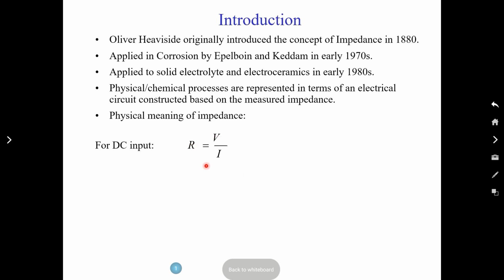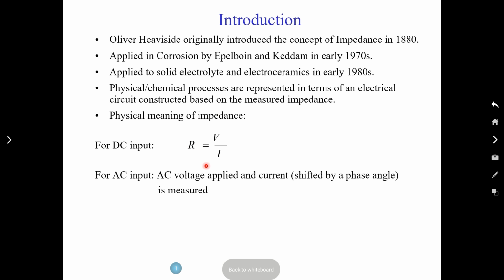The AC equivalent of that is that you apply a time-dependent voltage, time-dependent on frequency. Yes? And so you will apply an AC voltage and you're going to measure AC current.